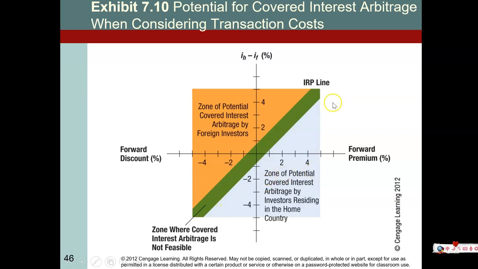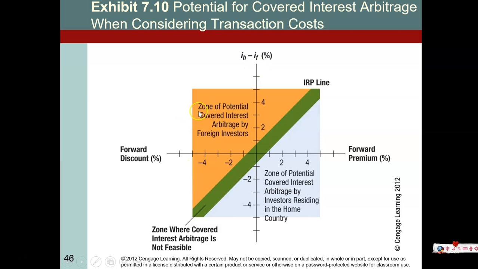To the right side of the IRP is the zone of potential covered interest arbitrage by investors residing in the home country. They could make more by investing in the foreign currency in the foreign country, if P is large enough compared to IH minus IF.